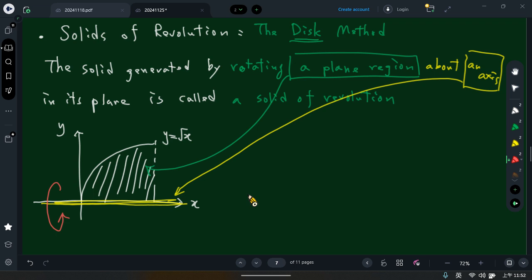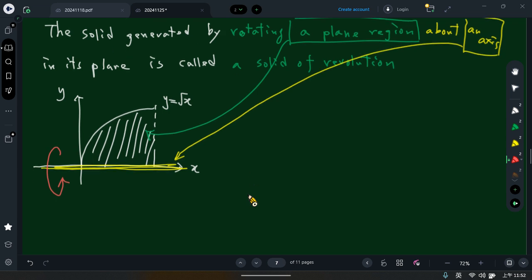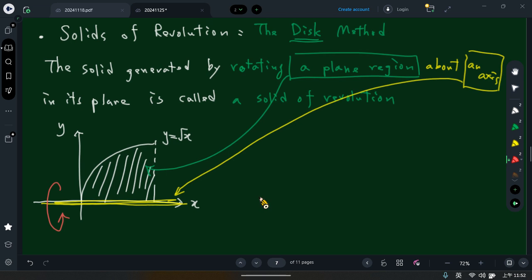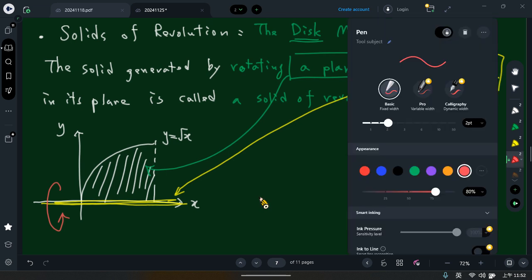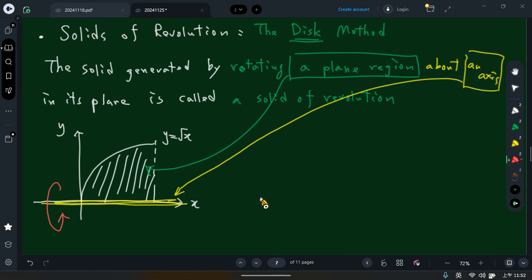So based on this idea, we are just rotating, right? This is rotating. Rotating means here, just like this, right?